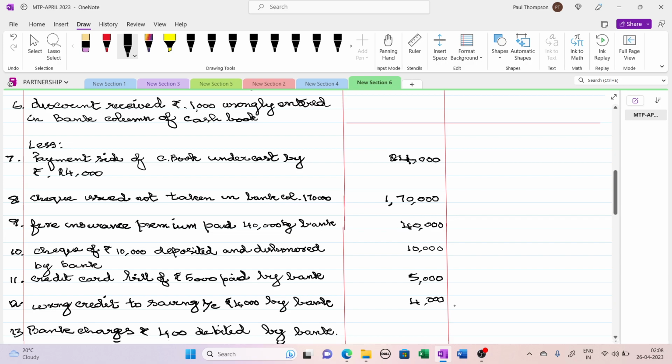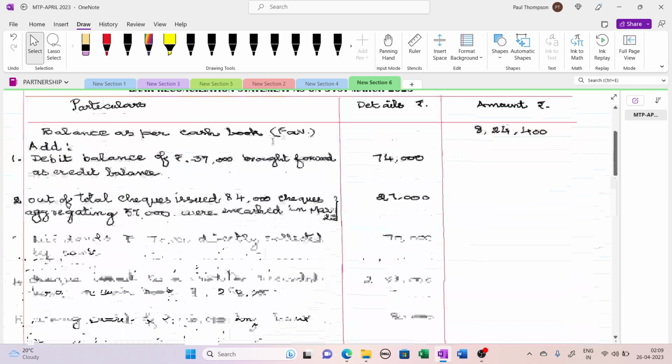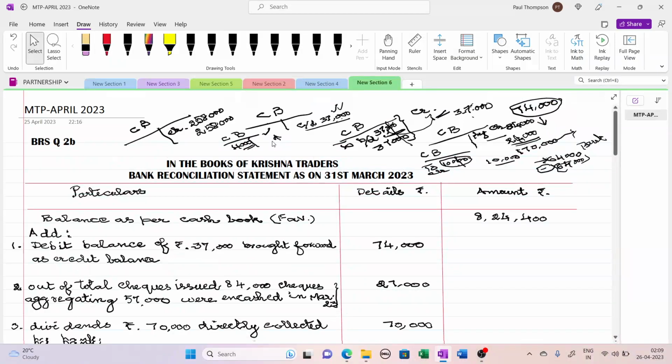Now the 12th entry is 1,000 rupees discount received wrongly entered in bank column. See here, I have no space. I'll make it here. In the cash book, suppose discount received means whenever I am making payment to a creditor, I can request him to accept less payment.